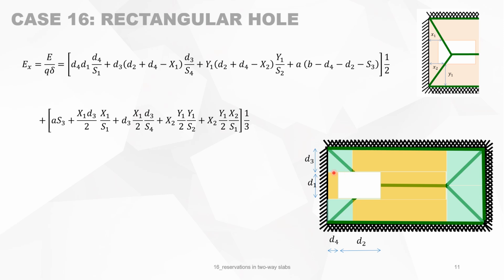So it's d3 times x1 divided by 2 times the maximum deflection, which is x1 divided by s1. So this term is for that piece of slab in this direction, and this term for this piece of slab in this direction. So now we put that for this corner too, and we have this formula.